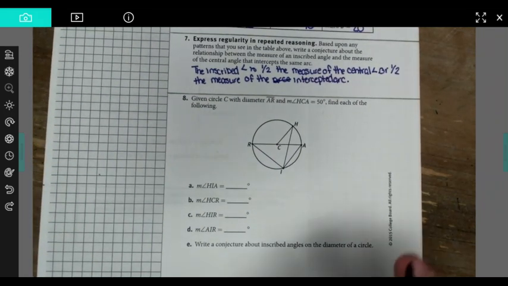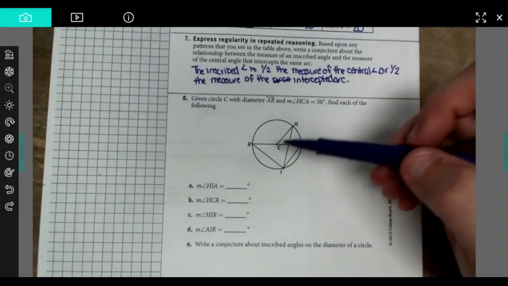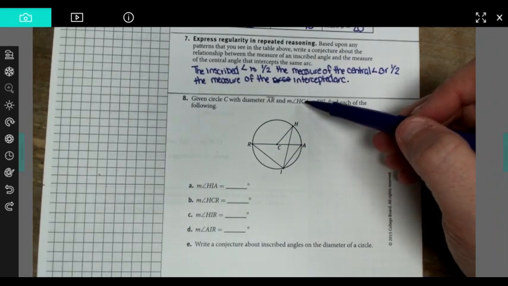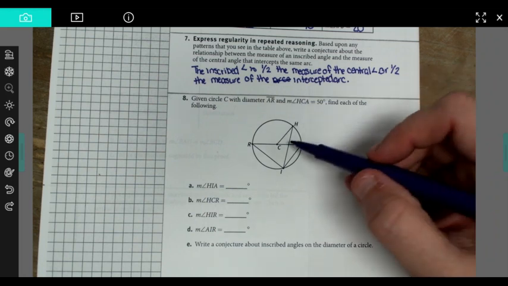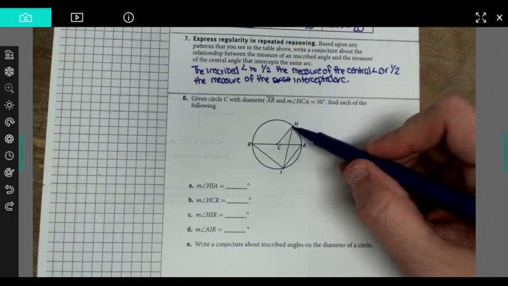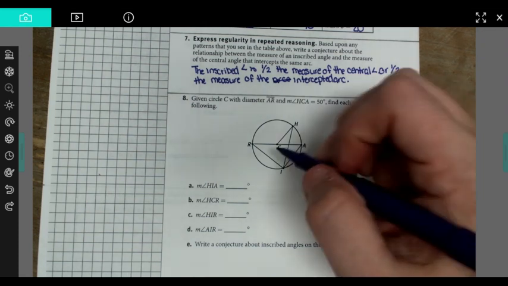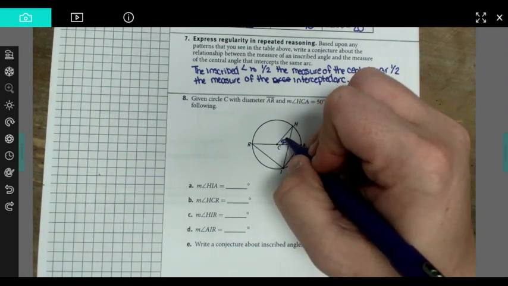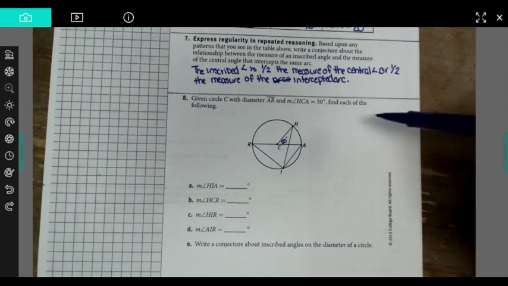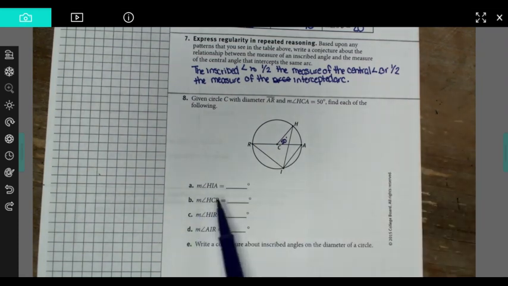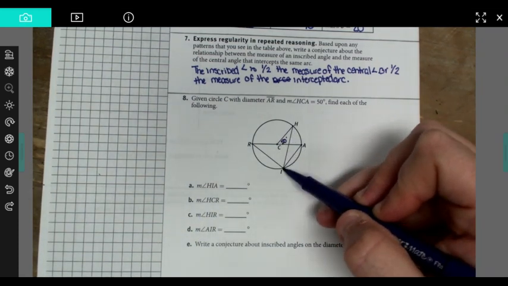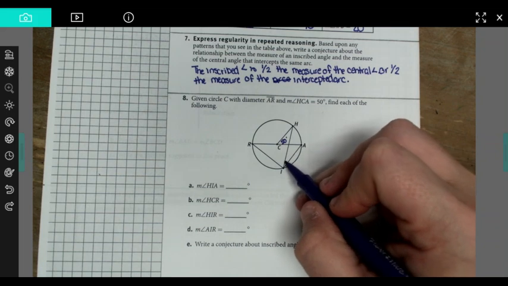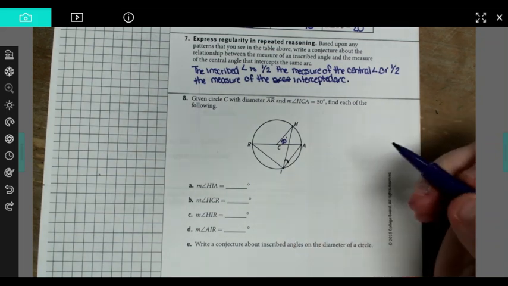Let's take a look at 8. It says, given circle C with diameter AR and the measure of angle HCA to be 50, find each of the following. The measure of HIA. So what's the measure of this angle?